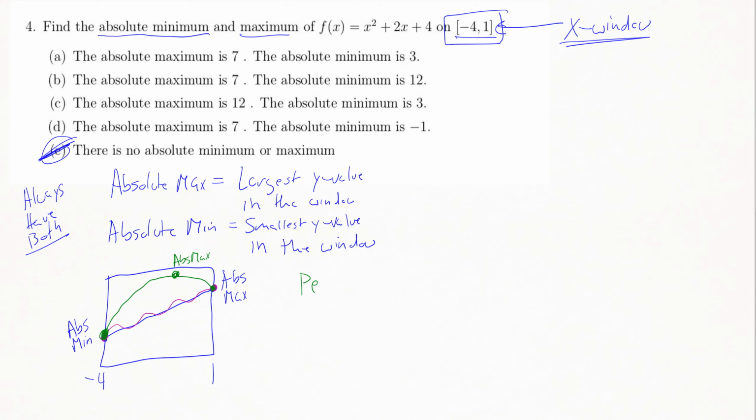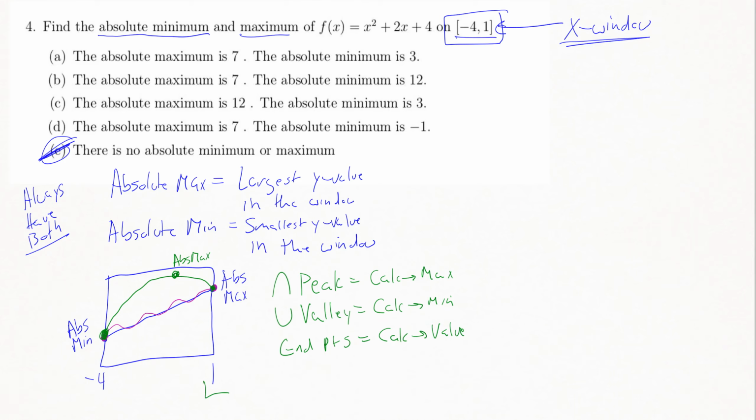If they're occurring at a peak, then this would be a calc max situation. If it's happening at a valley, then we'd be looking at a calc min situation. But if it's happening at one of our endpoints, which is very possible, then this would be a calc value setup, because we know where the min or the max is happening. It's happening at one of those endpoints.